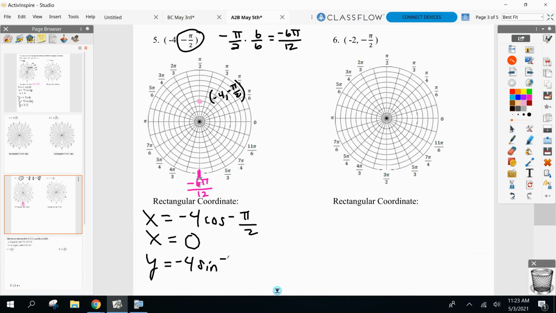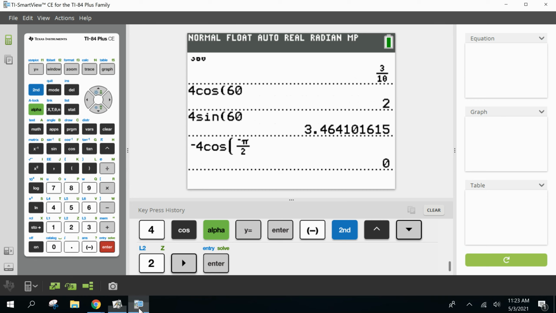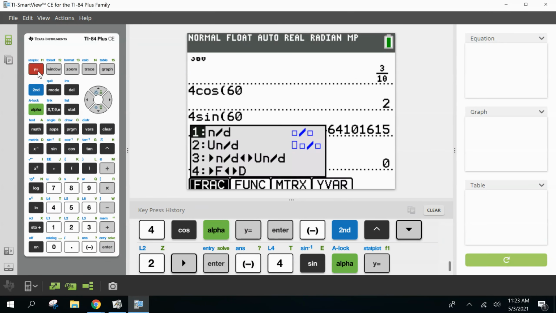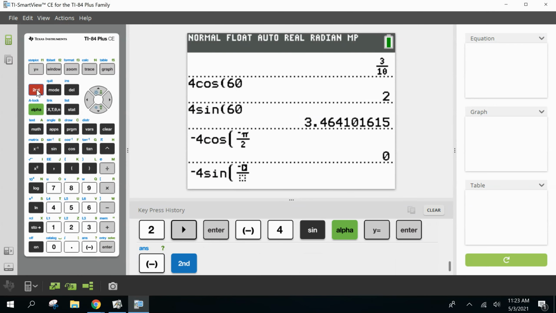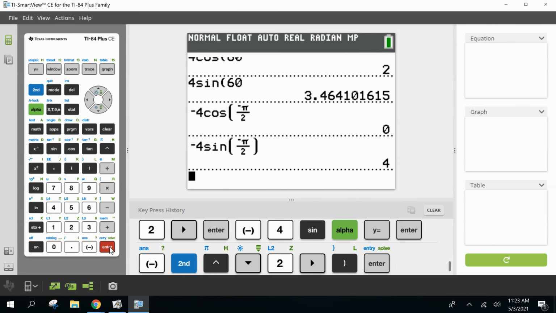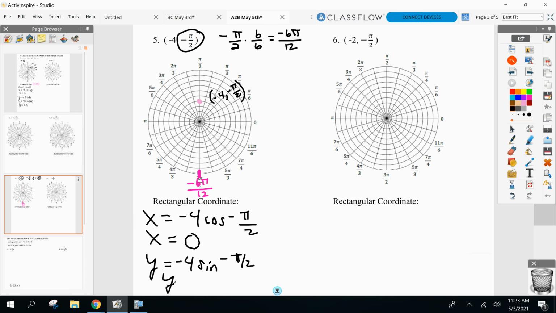Negative 4 sine, negative pi over 2. 0, 4 is your rectangular coordinate.